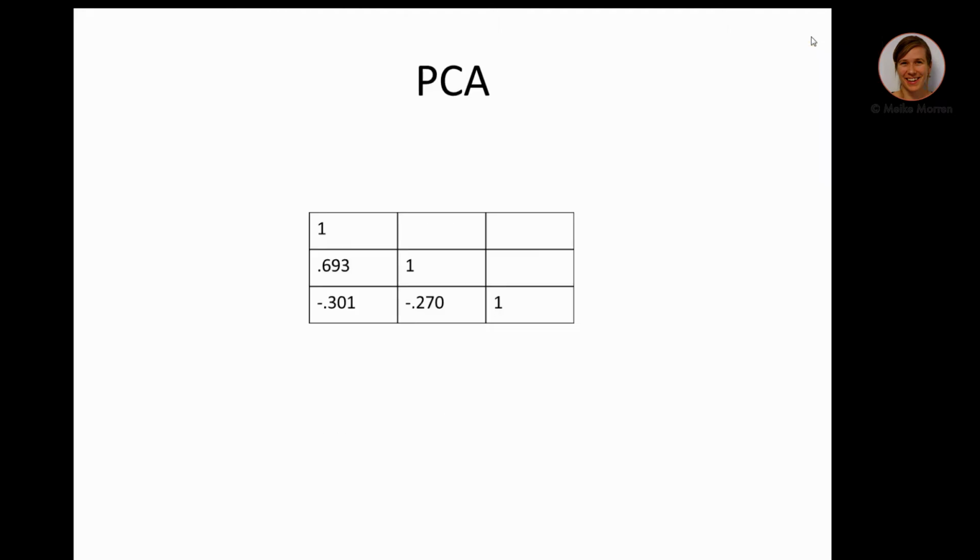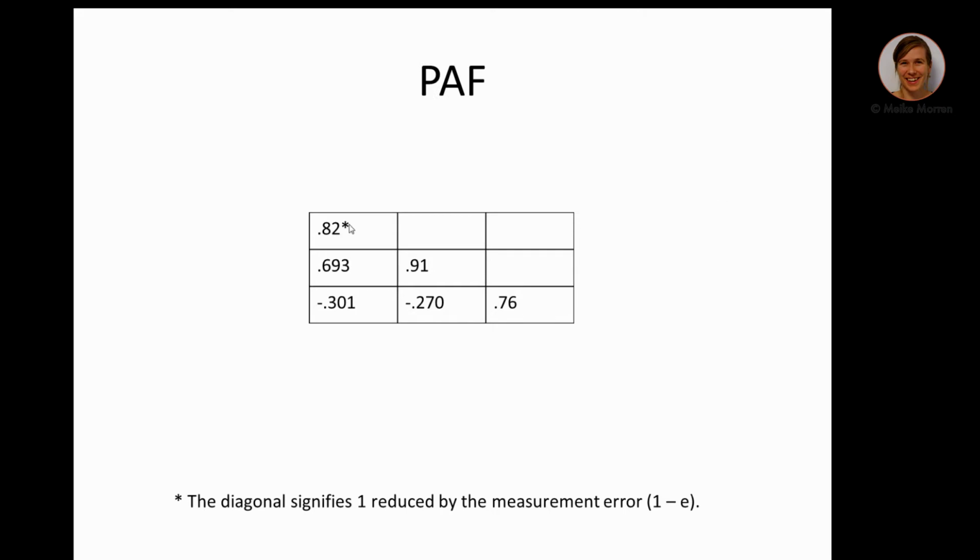With PCA, you use a correlation matrix, such as the one that you see here for 3 items, where the diagonals are 1s. If you use principal axis factoring, on the diagonal there are not 1s, but the number reduced by the measurement error, therefore the explained variance of the item. So basically, you correct for measurement error in the principal axis factoring method.